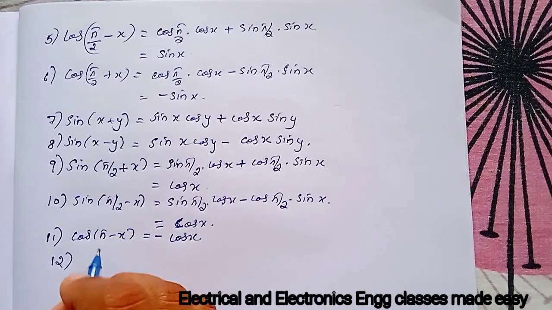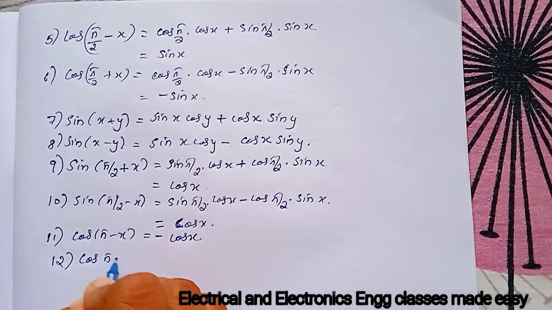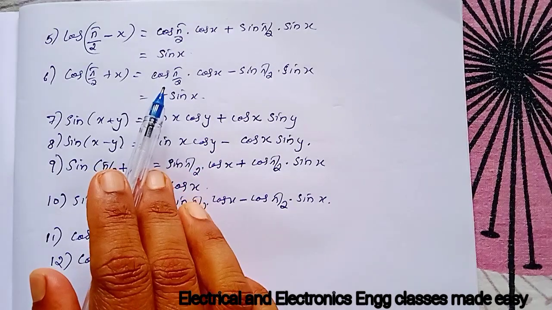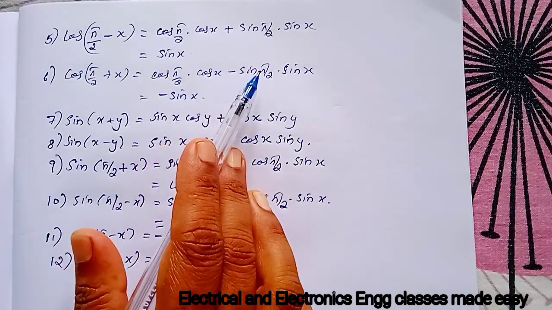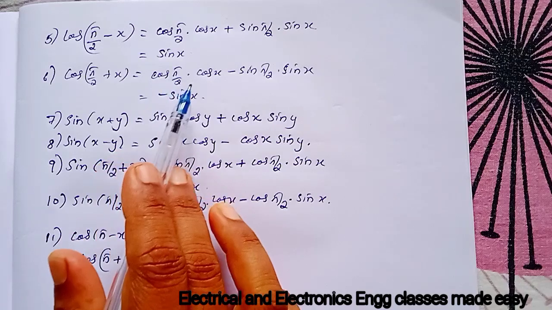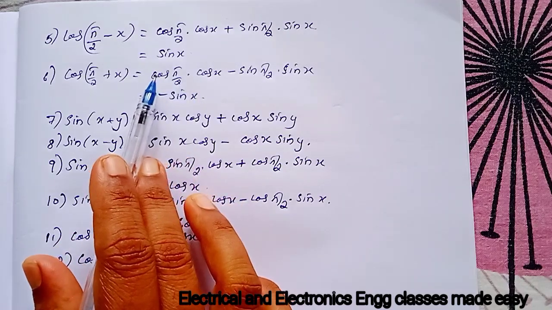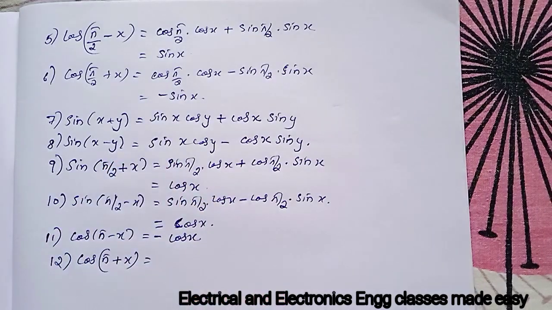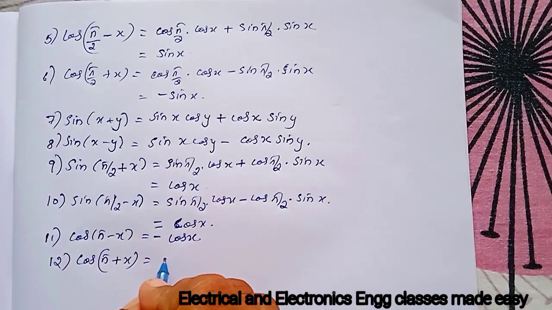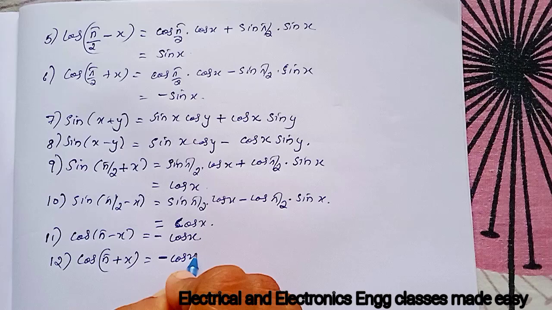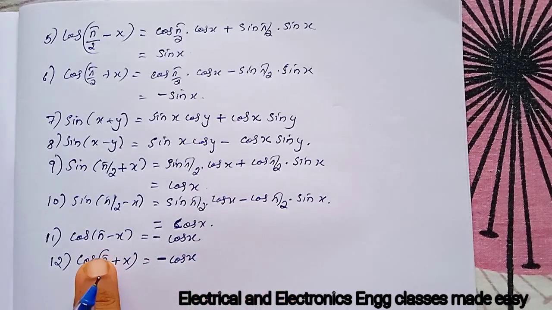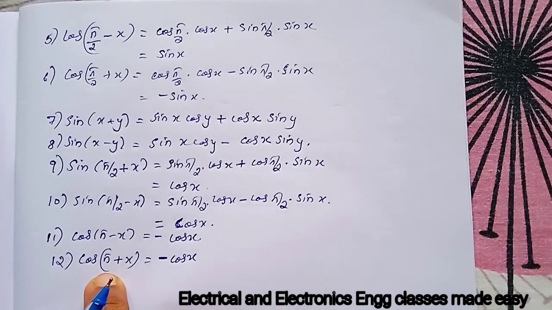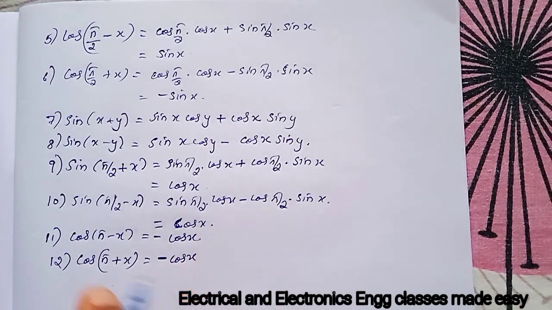And next is cos pi plus x. Here also cos pi is minus 1, so we will get a minus cos x. So cos pi minus x and cos pi plus x are equal to minus cos x.